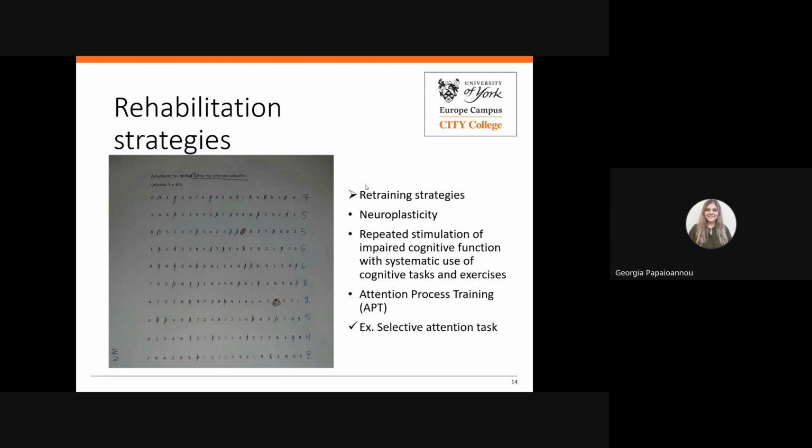The patient is asked to cancel out as quickly as they can the number 3, and after they finish, what we can also add as a strategy, that we will see later on, to self-regulate and self-check themselves, is that we mark down the correct ones and the error ones together with the patient. So we try to introduce them to self-correcting.